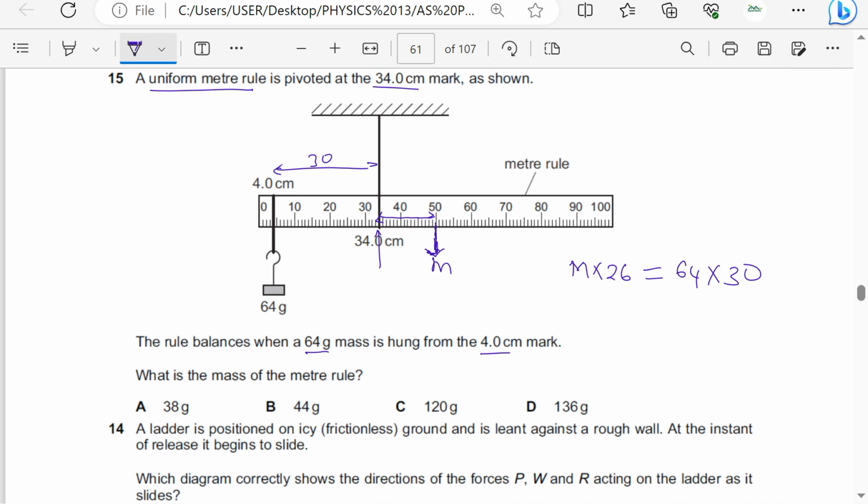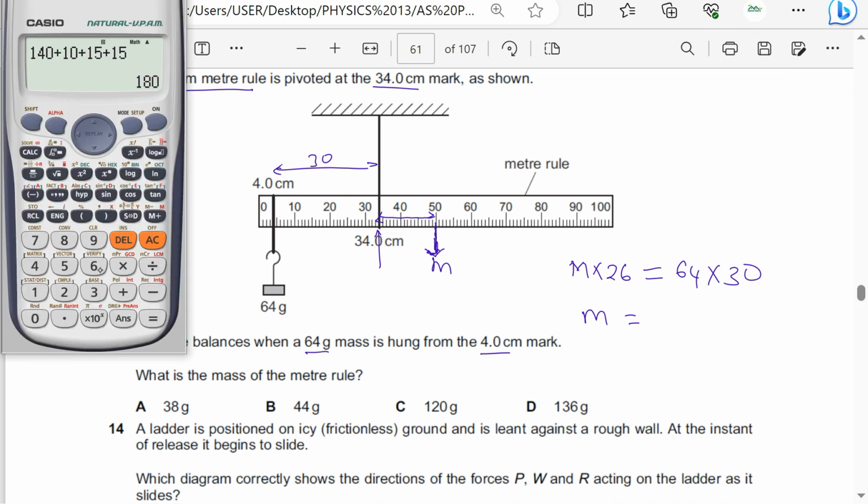So I'll just check my calculator by dividing by 26. So 64 times 30 divided by 26. So this gives me 70. Is it 70?